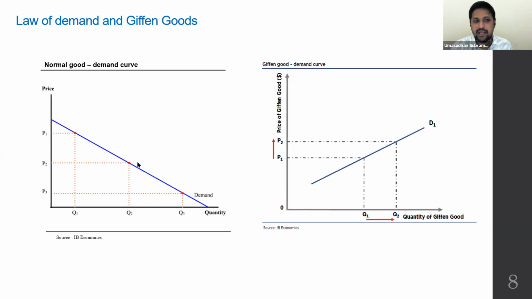And see what happens to different goods. The demand curve is upward sloping, meaning that when the price increases, demand increases. Price decreases, demand decreases. So that's something that you need to understand here on the law of demand in different goods.